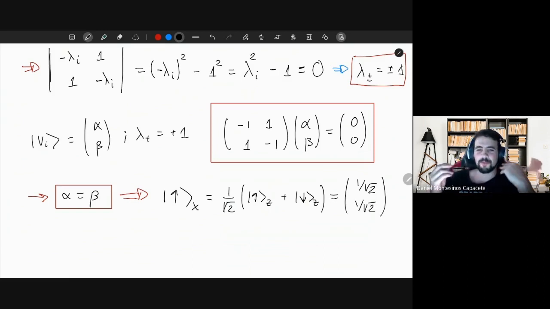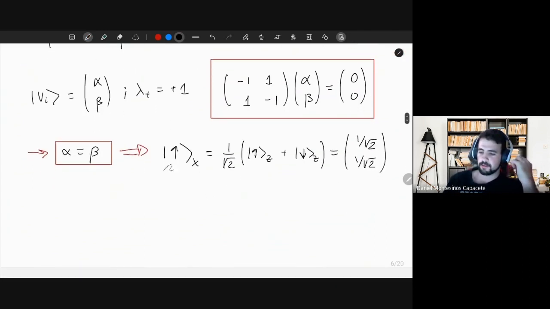You may be wondering why I chose this number, because I could have chosen any number, right? I will explain this later, but the important thing is that the norm of this vector, which we have discussed a little, needs to be one for quantum mechanics.